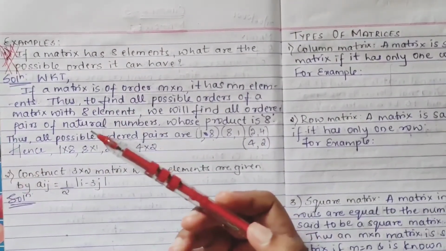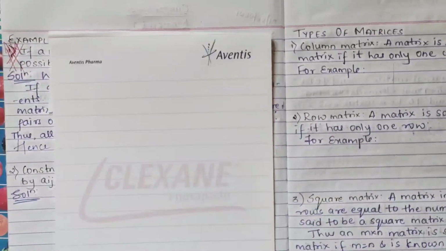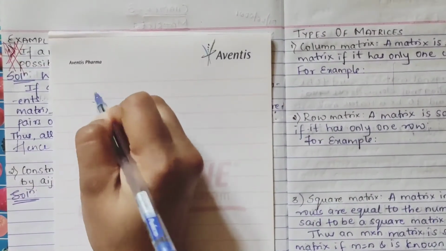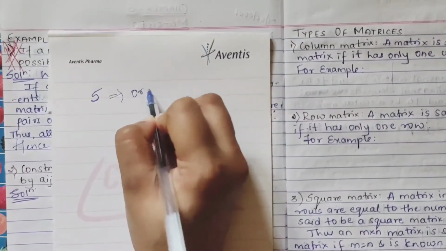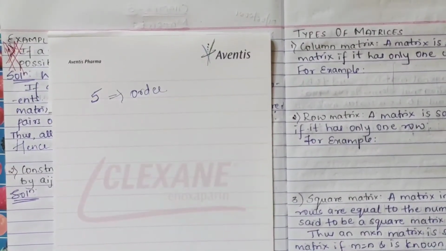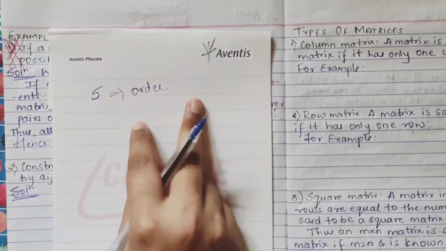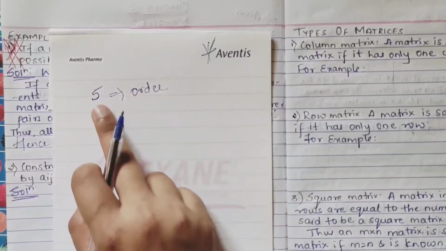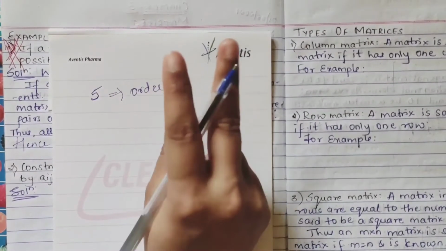Suppose they have given you 5 elements and ask you to find the possible orders. We have to find the product of 2 natural numbers. It will come either in the 1 table or the 5 table, only those two are possible.